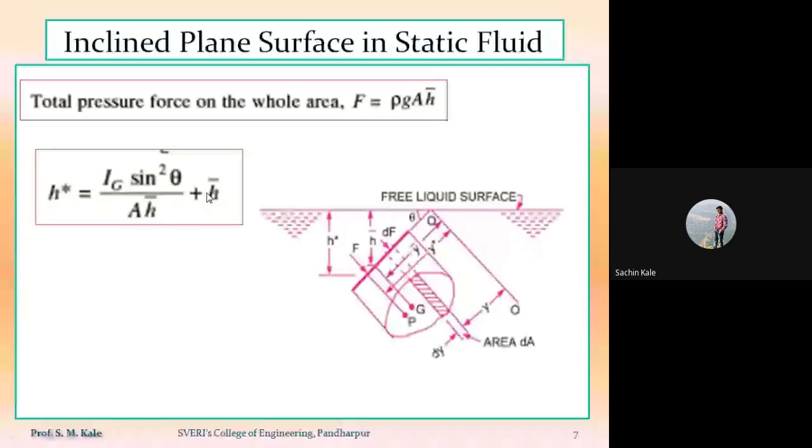So if I consider that plane surface as a horizontal plane surface, then by putting theta as 0, the position of the center of pressure becomes h star equal to h bar. So this is related to the inclined plane surface.